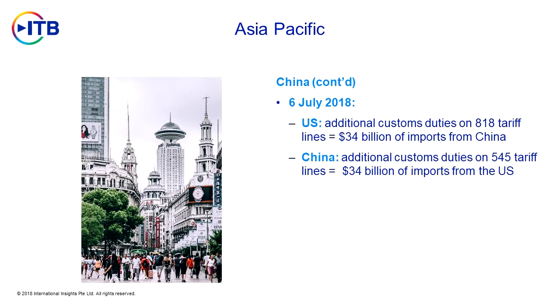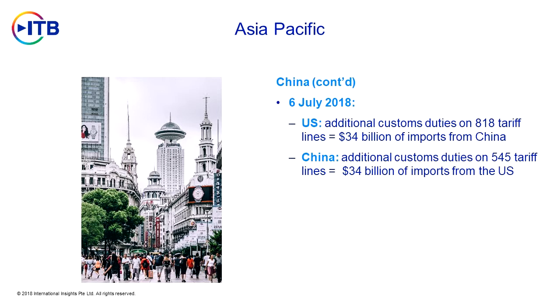The first round of shots were fired on the 6th of July. On that day, the US started to impose additional 25% customs duty on a list of 818 tariff lines, which comprise $34 billion of imports from China.